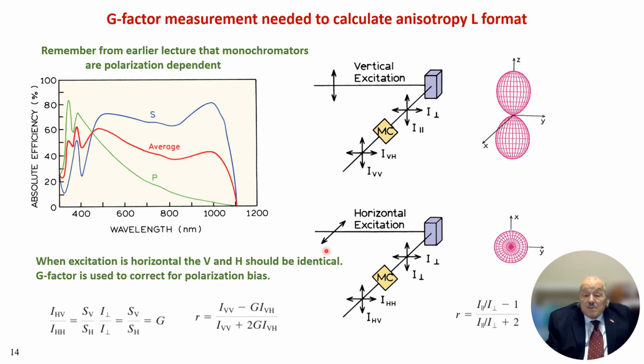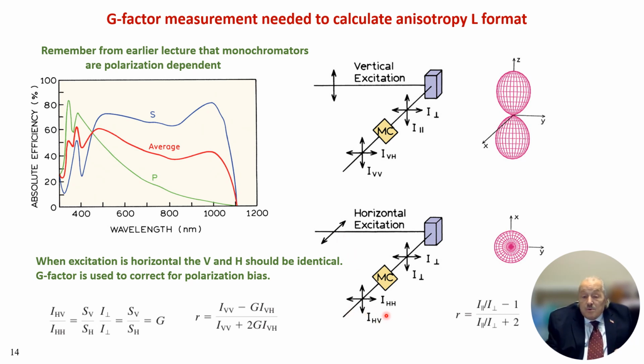If you change the excitation polarization to horizontal, it's like looking down on this shape here from the side, and the parallel and perpendicular are expected to be equal. So for the G factor measurement, you change your polarization to horizontal, and you measure the two intensities.